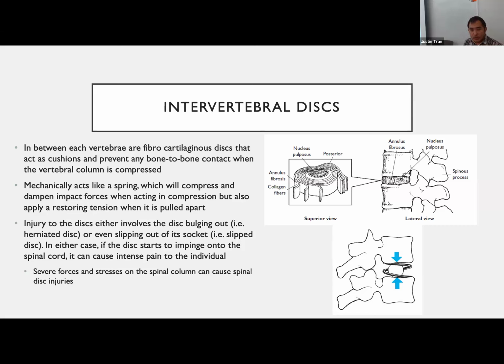Generally speaking, if you apply enough force to these discs, so that the joint reaction forces at these discs are high enough, that's usually enough to cause a hernia or some kind of injury. Whenever you're doing any kind of physical activity, you always want to do it in a way that does not place a lot of stress on your back. We'll talk about techniques for doing that in the examples.